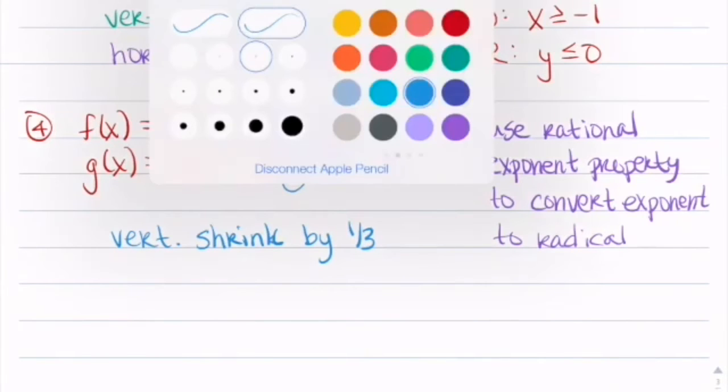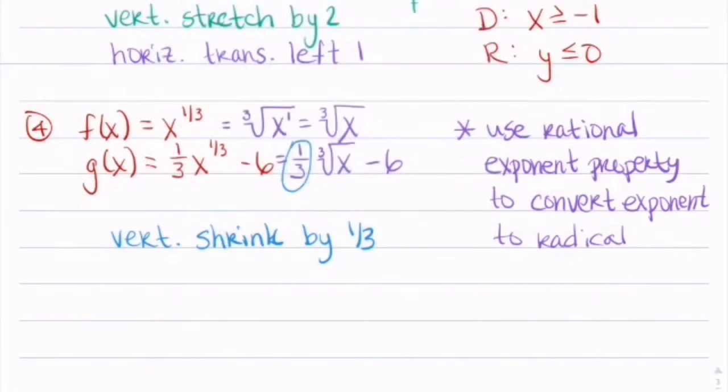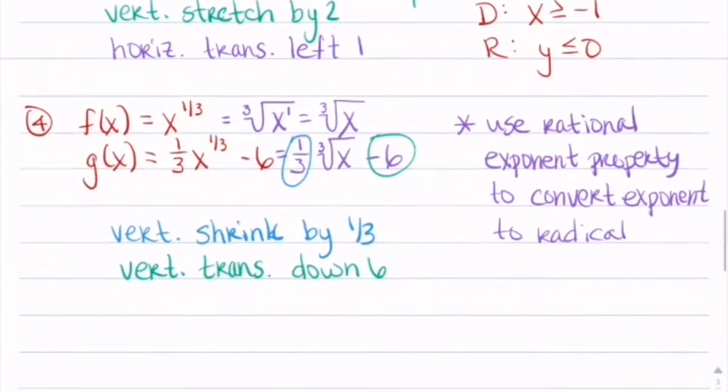And then the other thing that we have done from our parent function is we have this minus 6 outside the radical. It's just kind of hanging out there in the back. So that means it's a vertical translation, because it is not inside with x. And that's going to go down by 6. Negative 6 sends us down.